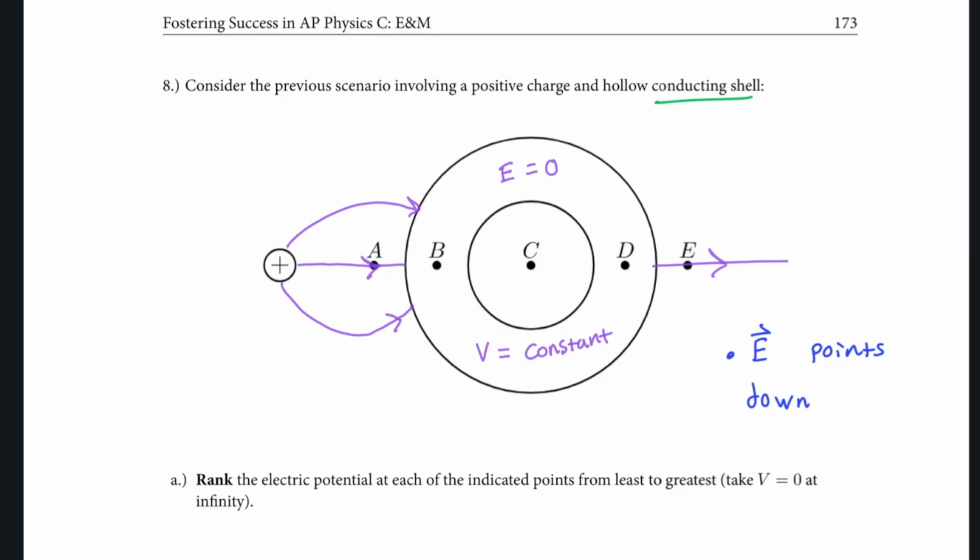So what that means is that wherever the E field is pointing is the lower potential direction. So I know that this would be high potential because that's my positive charge or my hill, and this would be low potential.